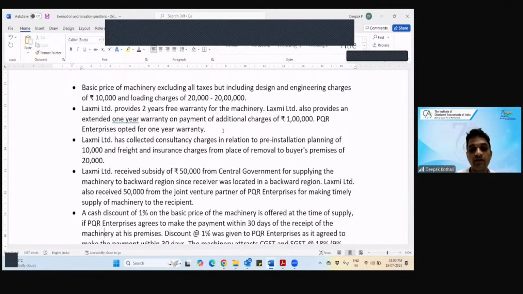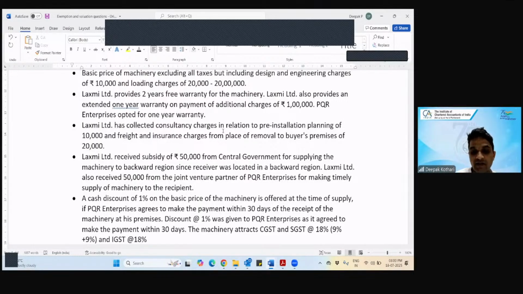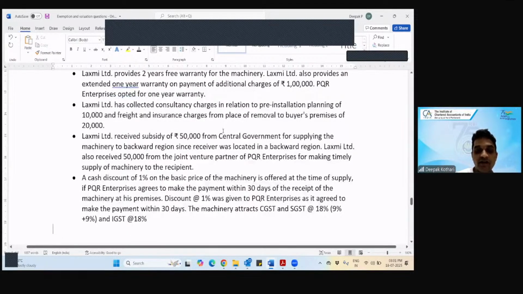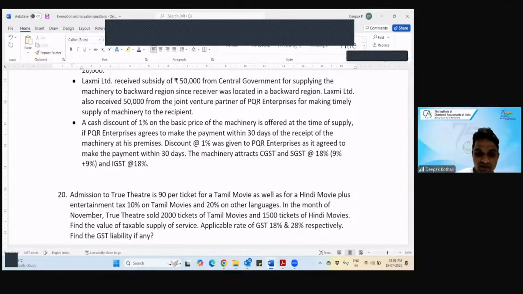A cash discount of 1% on the basic price of machinery is offered at the time of supply, if PQR agrees to make the payment within 30 days. The discount of 1% was given to PQR Enterprises as it agreed to make the payment within 30 days. The machinery attracts GST of 18%, which is 9% CGST, 9% SGST, and IGST rate is 18%.